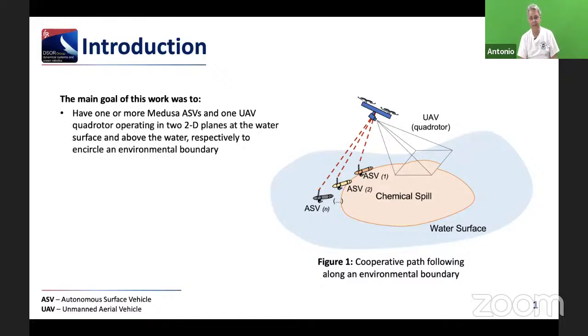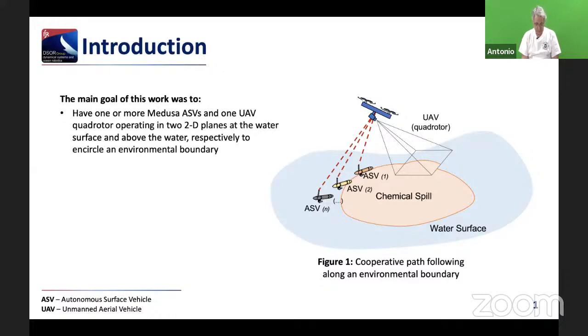Other people even advocate the use of underwater marine vehicles to know the extent of the oil spill underwater. But the first thing you have to do is to detect it, track it and follow it. So the idea is to detect the oil spill from the air using a quadrotor, for example.